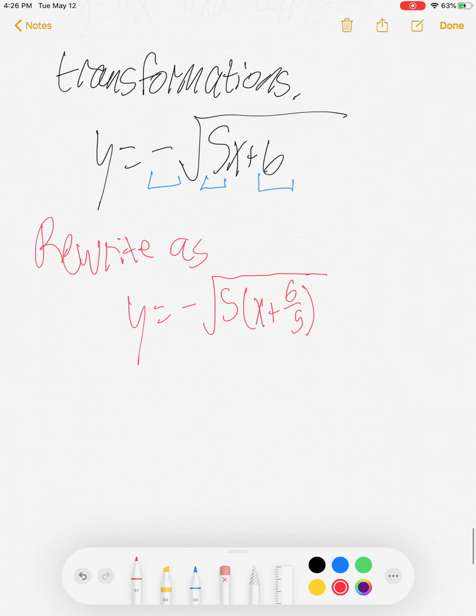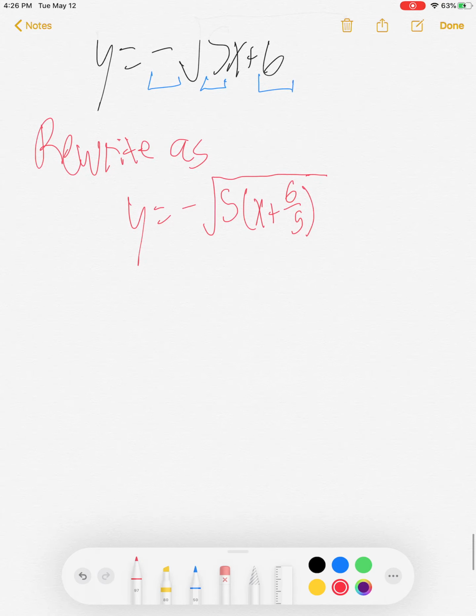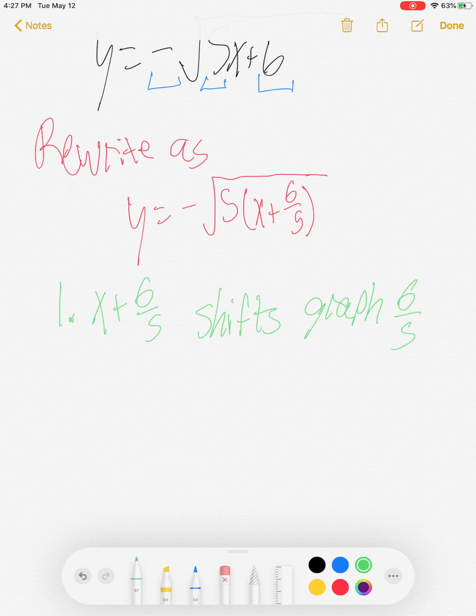The first thing that I see is that x plus 6/5 shifts the graph 6/5 units left.